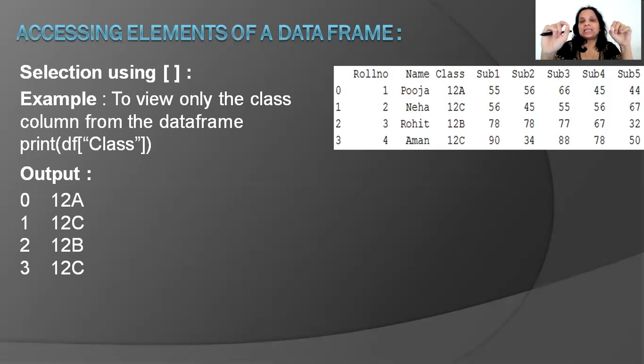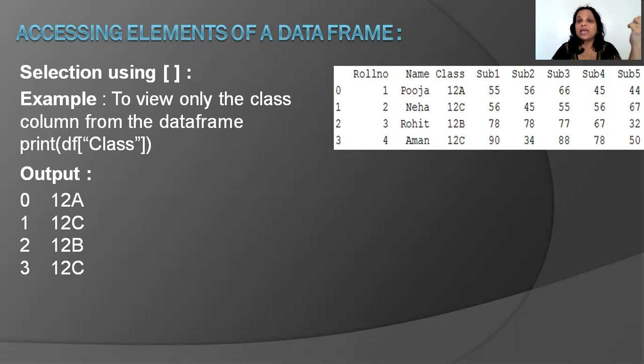Then in that scenario, if you have to access roll number, you couldn't make use of the dot operator. The dot operator only works as long as your column names consist of only a single word. If it consists of more than a word, then you have to make use of the square bracket. So that's the advantage of using a square bracket.